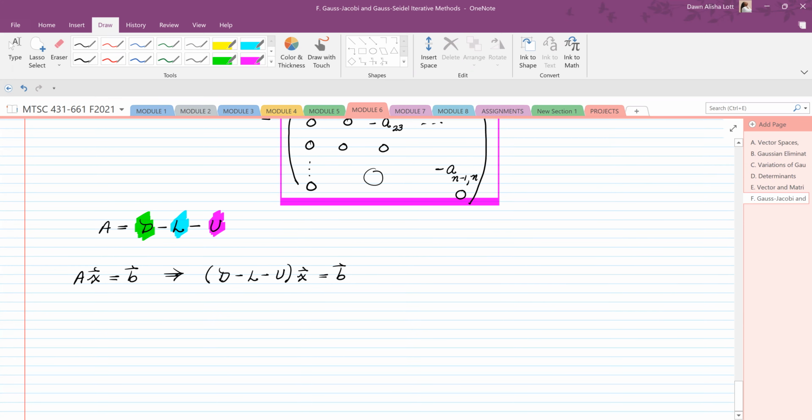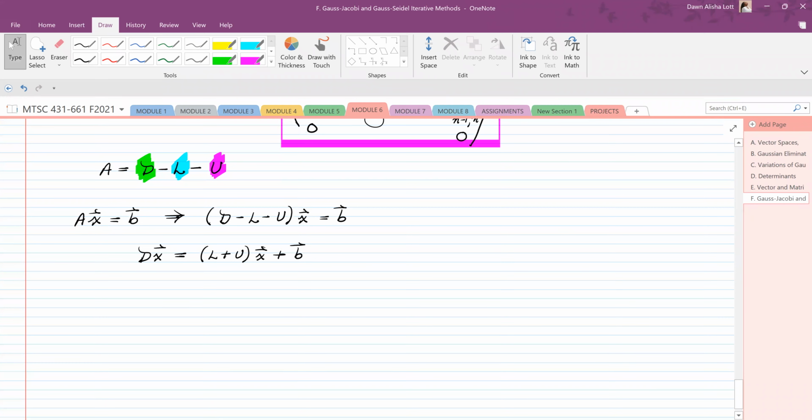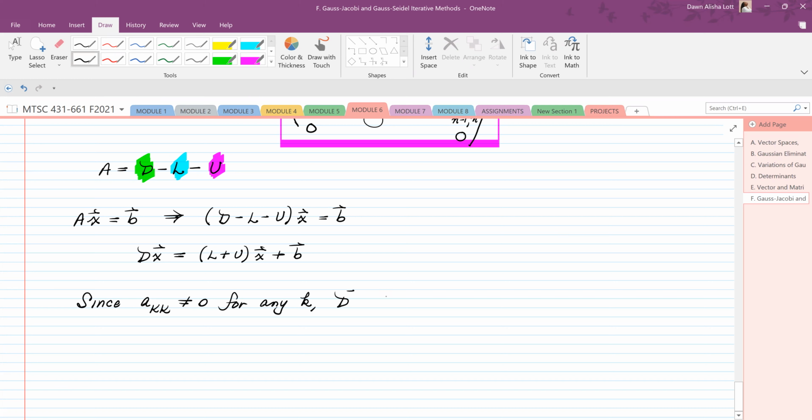Now we can solve for D. D times X is now going to be L plus U times X plus B. Now remember, A has no zeros on the diagonal, since AKK does not equal 0 for any K, so D inverse exists.